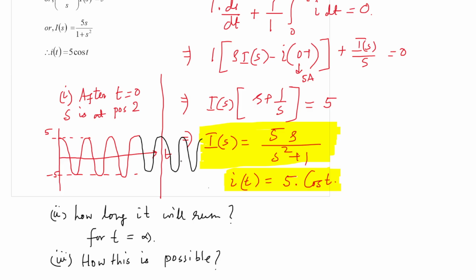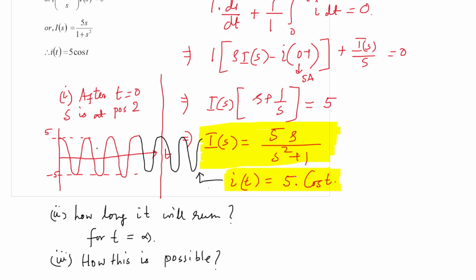If you want to maintain something, you must have some supply line to maintain something constantly. But here it is maintaining as same as it is, as per this current equation.